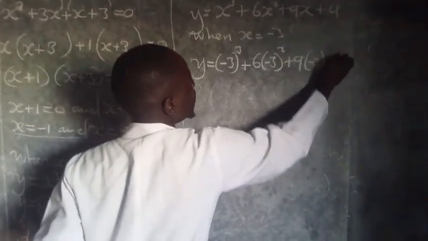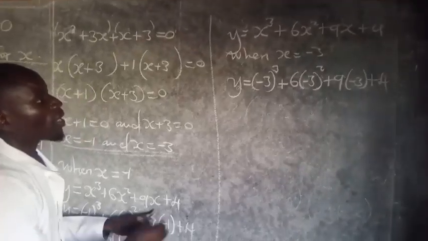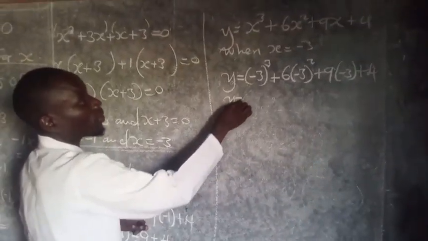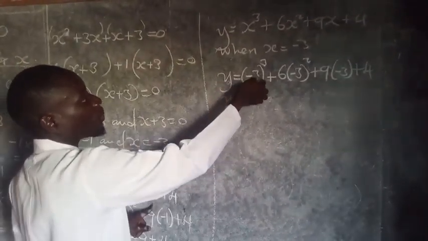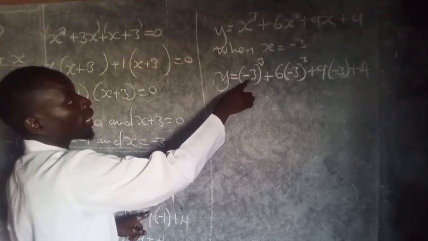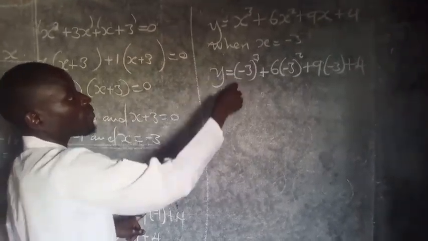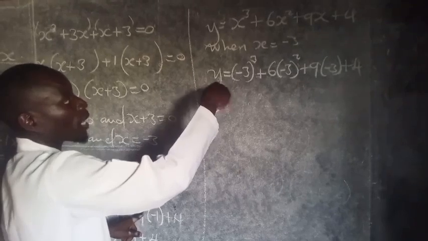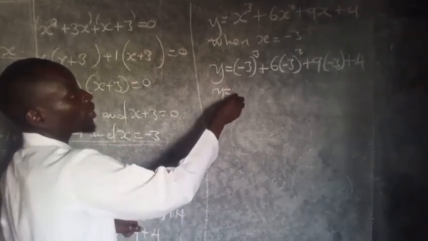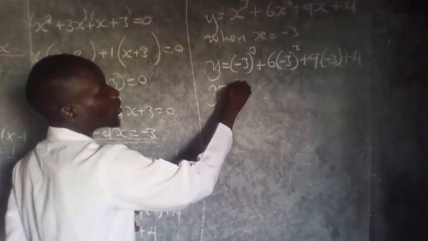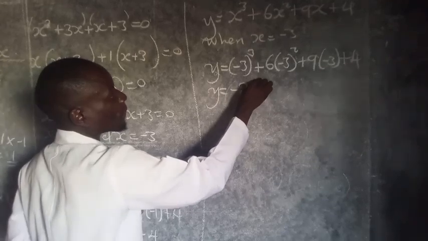After that, you say y is equals to, when you multiply, this means that you are multiplying negative 3 three times. Don't say negative 3 times 3, but negative 3 times negative 3 times negative 3. So the answer will be negative 27 here.